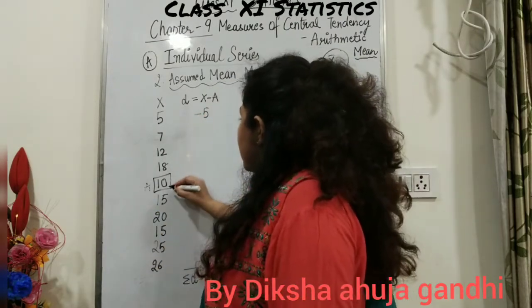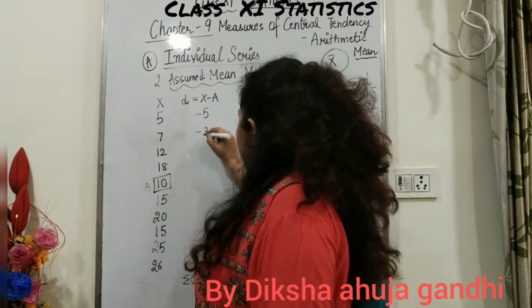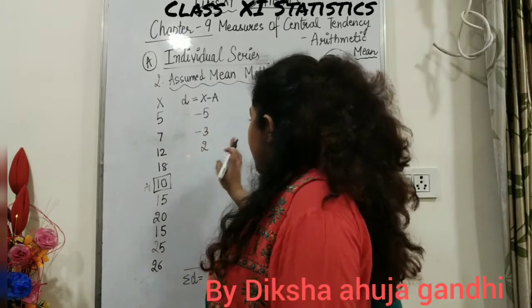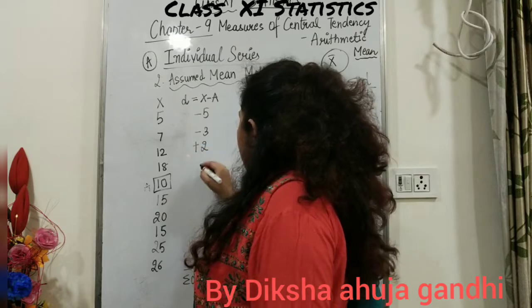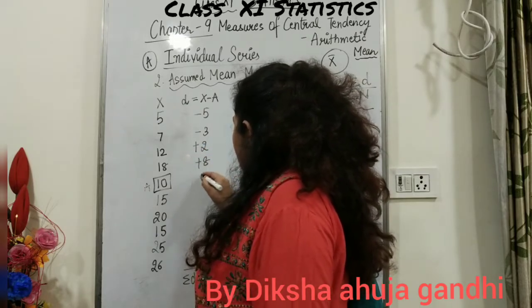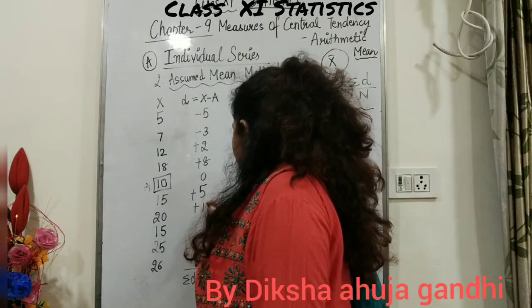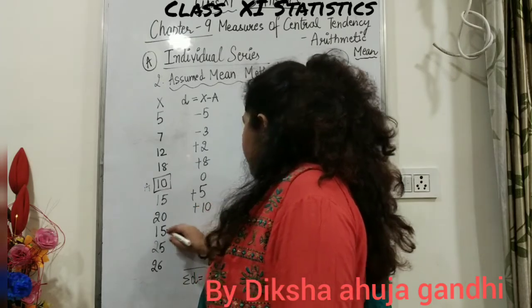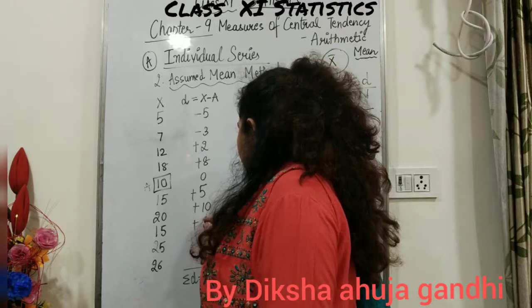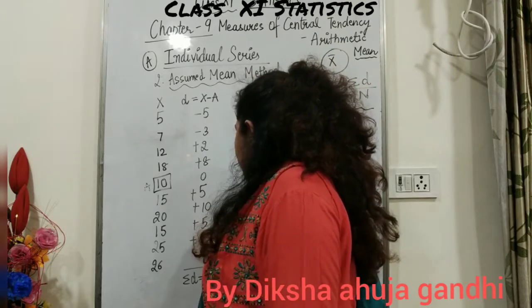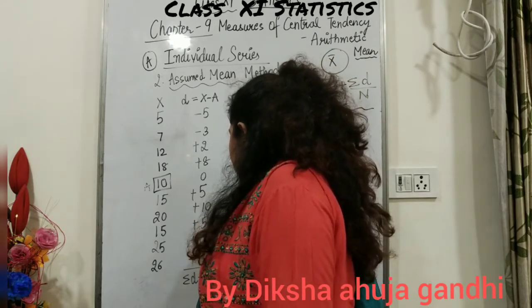Then 7 minus 10, minus 3. Then 12 minus 10, plus 2, plus 8, 0, plus 5, plus 10, 15 minus 10, plus 5, plus 15, and plus 16.